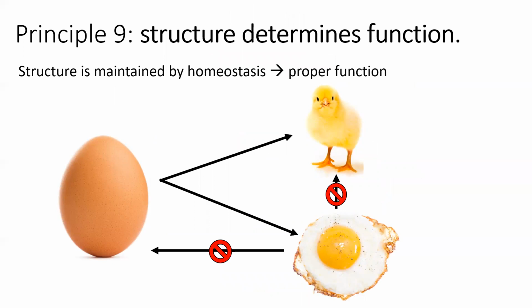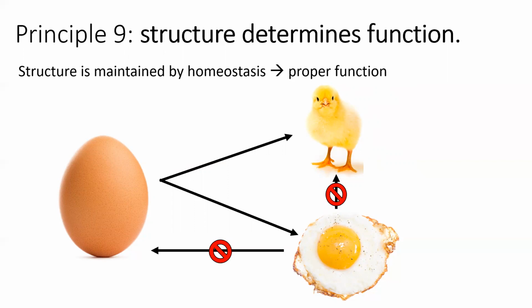All right, number 9. In biology, this is big in physiology, which we'll be talking about: structure determines function. So if the structure of, for example, a cell fails, then the function will be affected. It's a big, important concept in biology that function is related to structure.